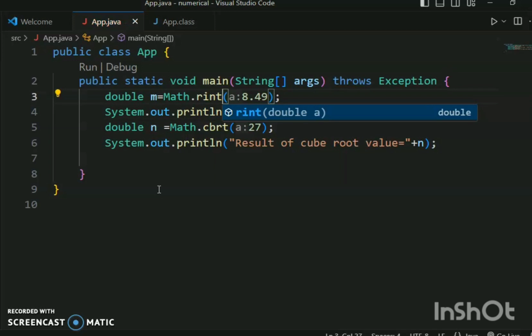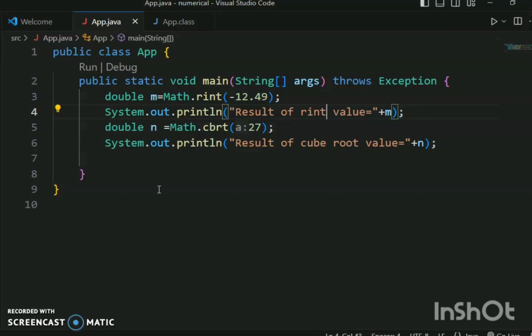Math rint, minus 12.49. Okay, no problem. So the result of rint of the negative value, we can write. What is the meaning of rint?